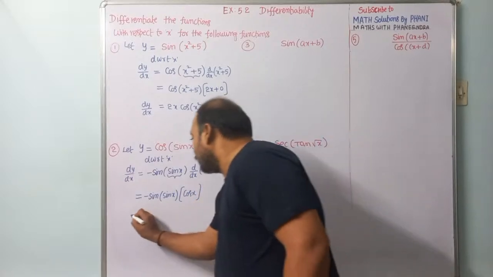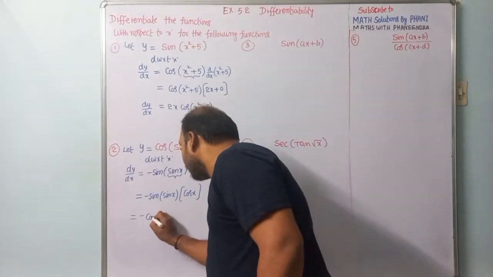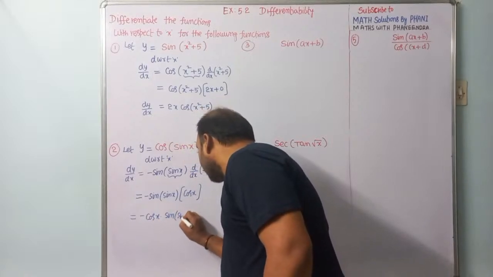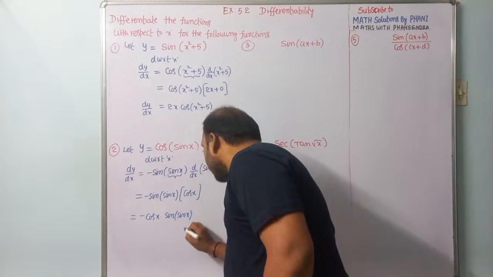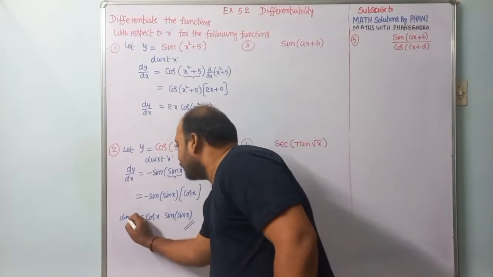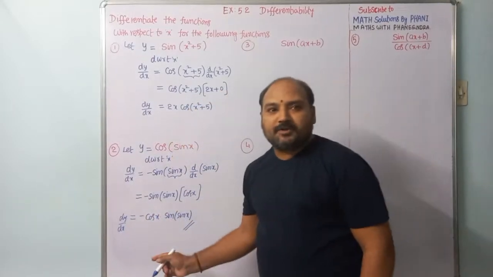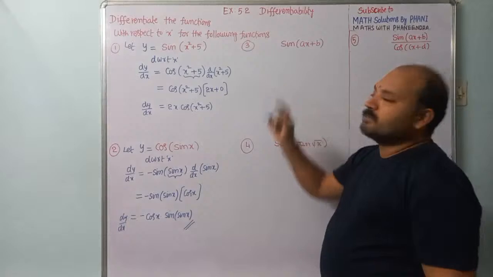So dy by dx is equal to minus cos x into sin of sin x, for the given function. I hope you understand this, students. We'll move to question number 3.